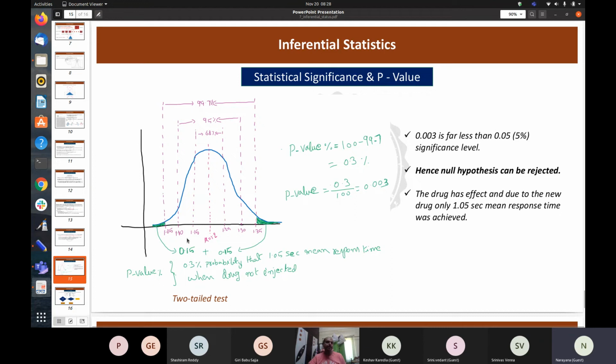Using that, we tried to see how far this 1.05 is from 1.2. It is too far, right? In general, when the new drug was not injected, 99.7% of the time this is not happening. That means the drug is significant. As soon as you injected the drug, it gave me a 1.05 seconds response time. So the drug is significant.